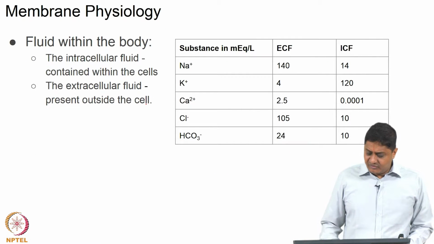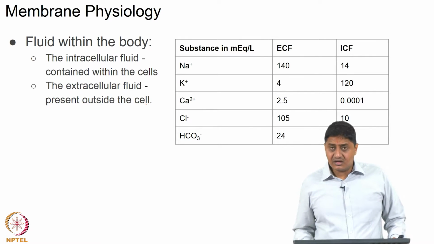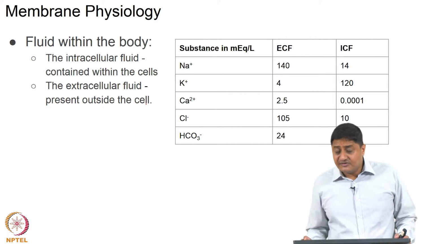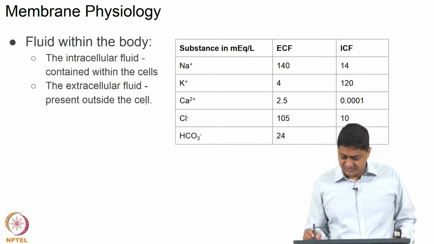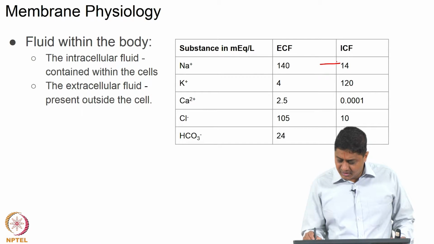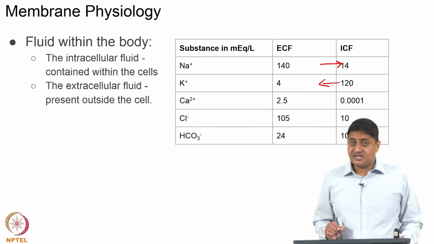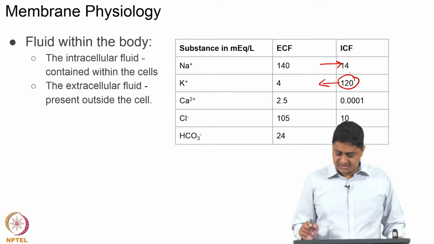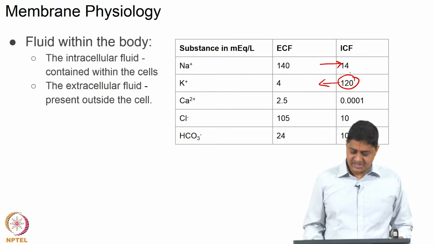So, before we move on, let us remember the composition or the concentration of substances within and outside the cell. Sodium is present in great quantity outside the cell. So, the gradient is in that direction, and potassium is present in great quantity inside the cell, and the gradient is in the opposite direction.